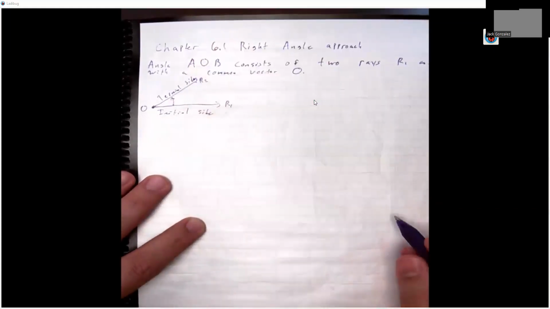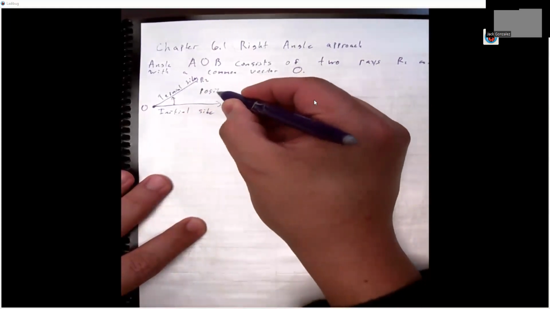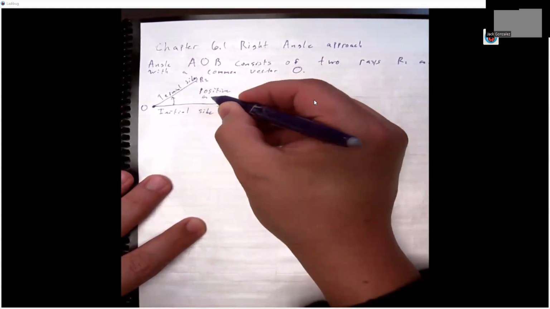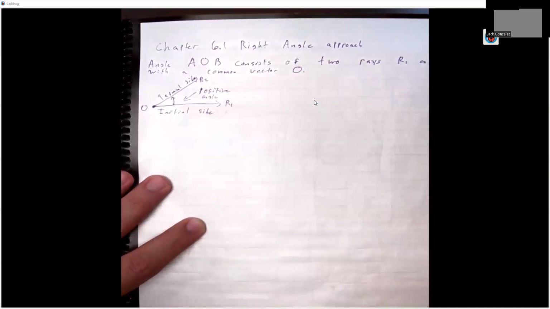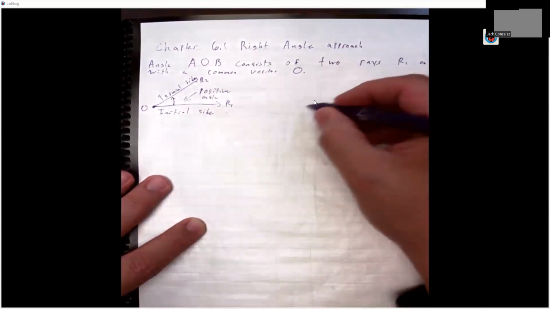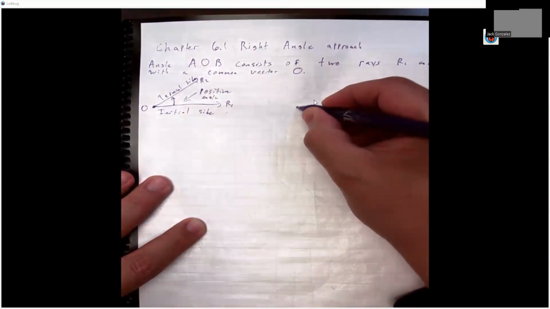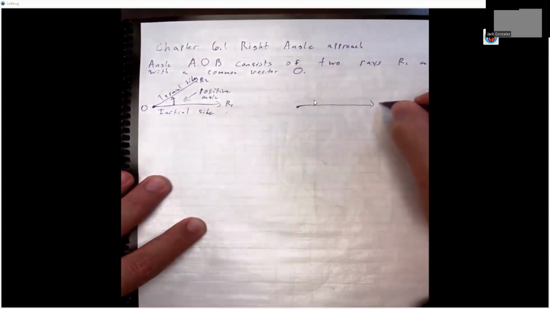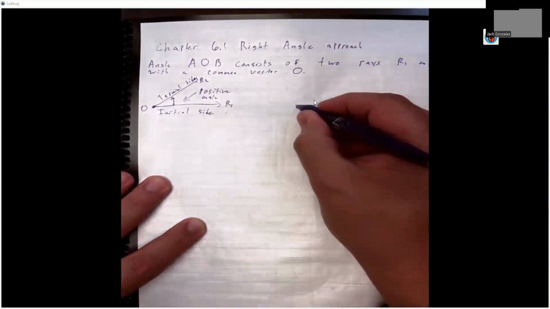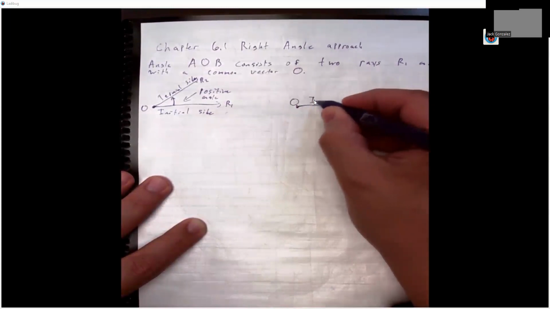But then we said we're going counterclockwise. That is positive. A positive angle. Now, if we go the other direction, it's going to be negative. So here's O, my initial.